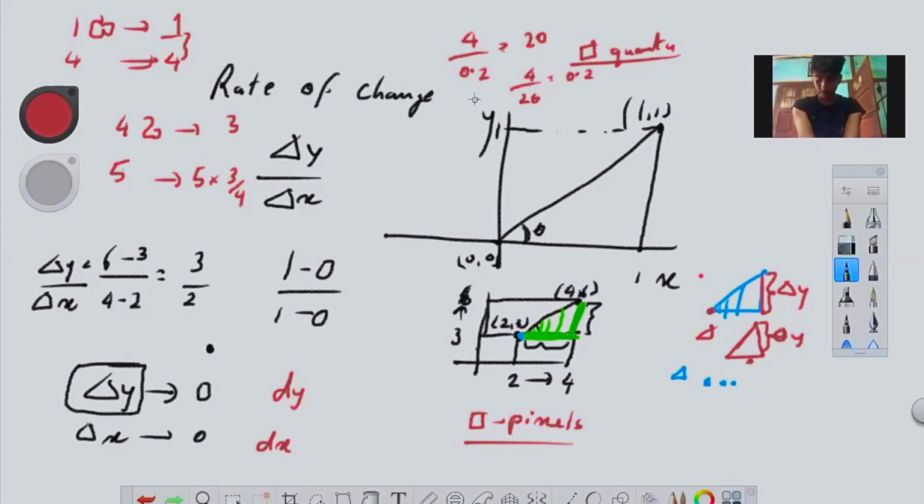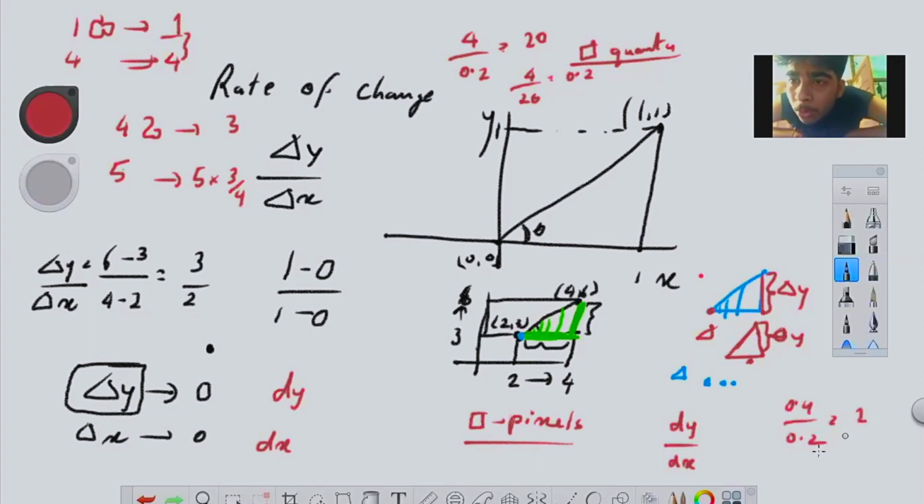But now, what happens in reality, when we want to know how much y changes when x changes by a very small amount? 4 divided by 0.2 gave you 20, right? But 0.4 divided by 0.2 will give you 2 only.